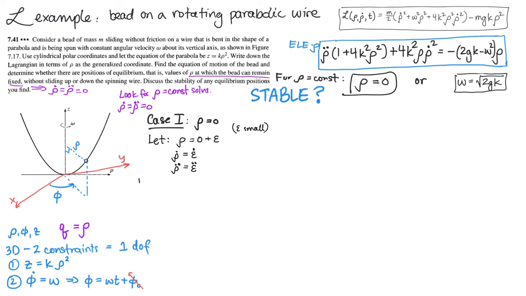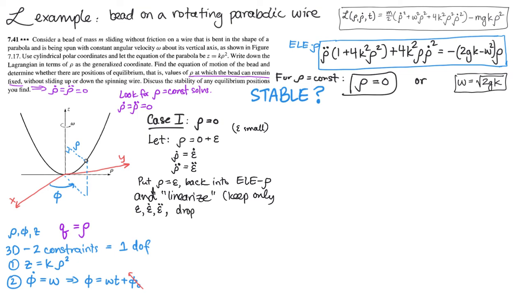Okay, so put rho equals epsilon and so on back into the Euler-Lagrange equation and linearize. This means keep only epsilon dot and epsilon double dot to the first power, drop epsilon squareds, epsilon dot squareds, epsilon double dot squareds, and higher order terms like epsilon cubed and so on.